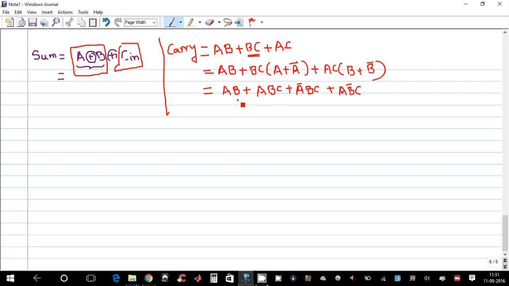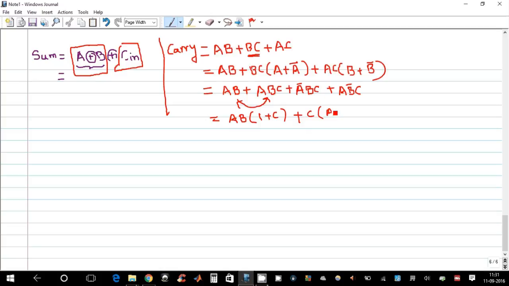Now we can take AB common from these two expressions. So AB into 1 plus C, and here we can take C common from here.